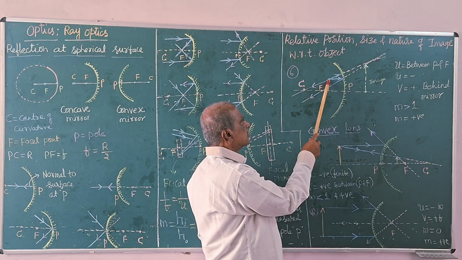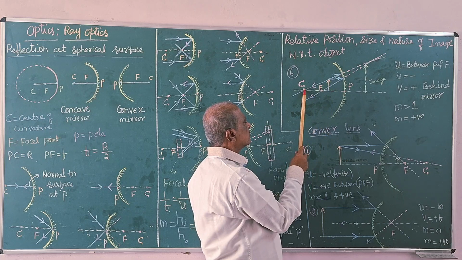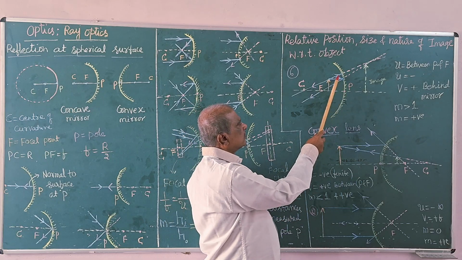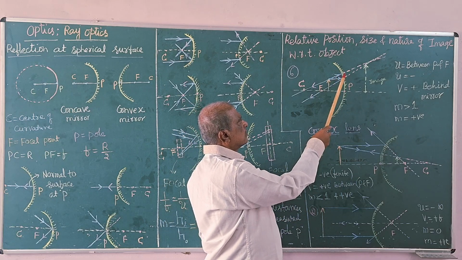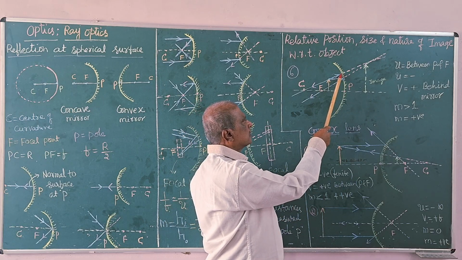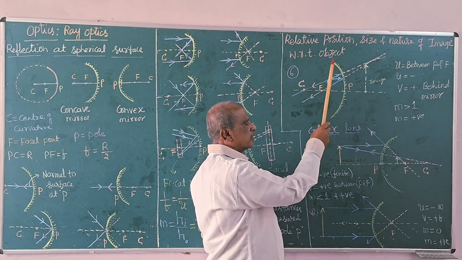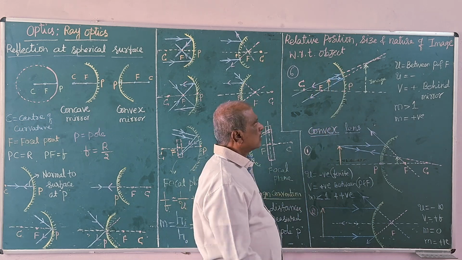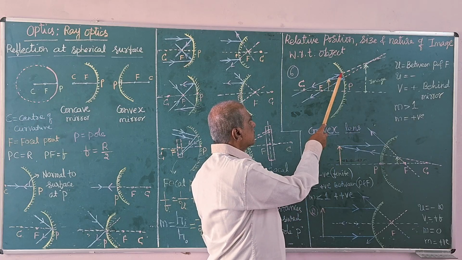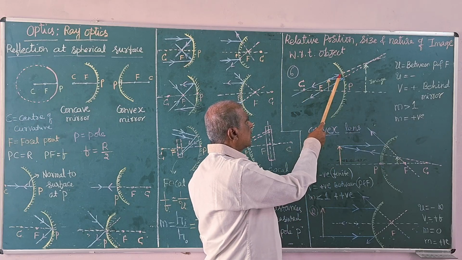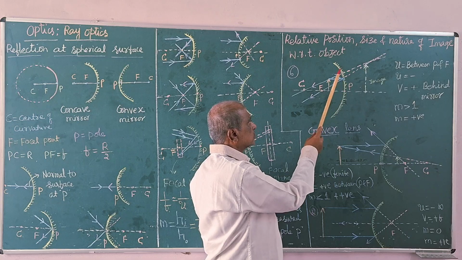The incident ray is selected in the direction of the point C, and after reflection it will be along the same line because this line is normal to the mirror. The incident ray and the reflected ray are on the same line.